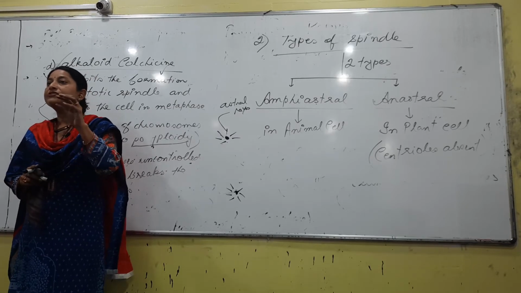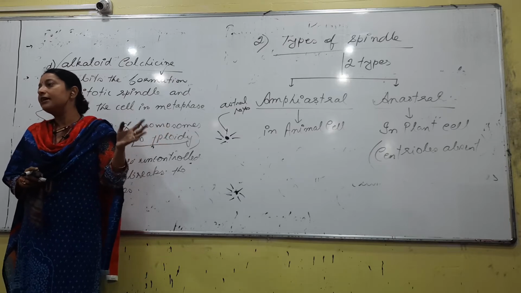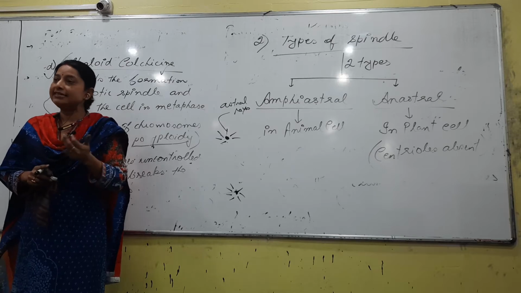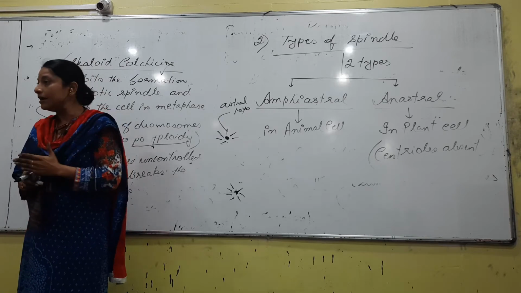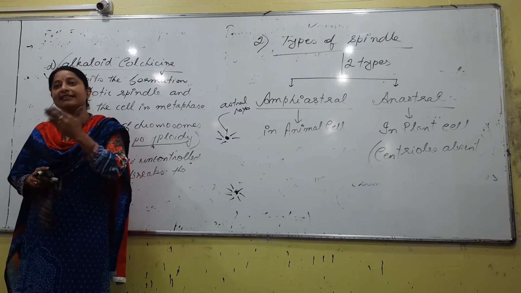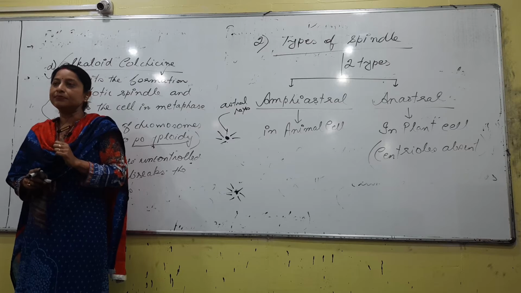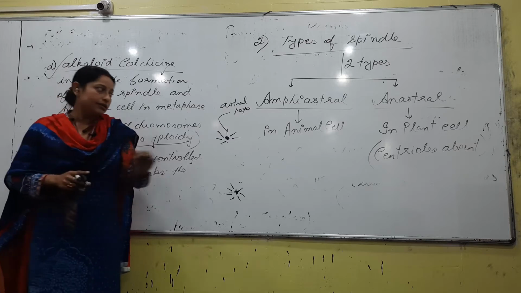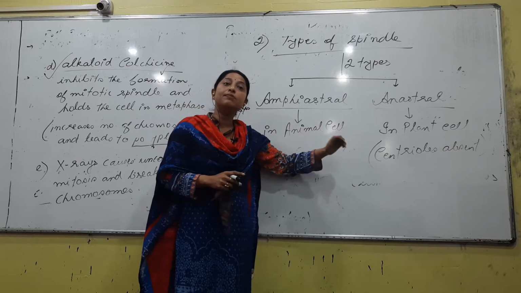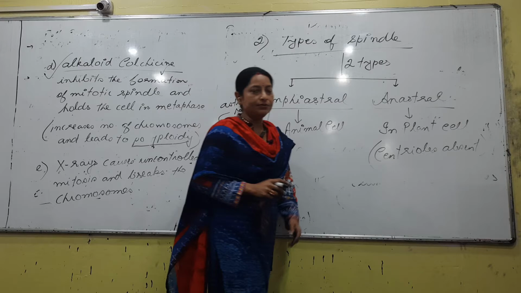They don't have a proper structure from where the proteins will be synthesized, but at the time of division, the plant cell will synthesize those proteins essential for the formation of the spindle fibers. Keep this point in mind: centrioles absent does not mean spindle absent. Spindle is present in both cells.